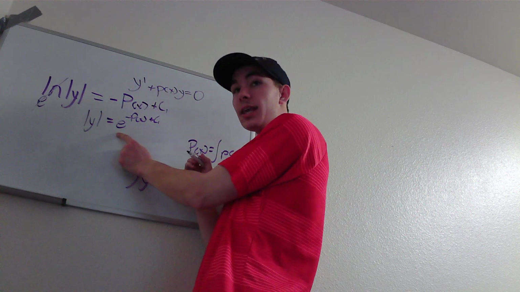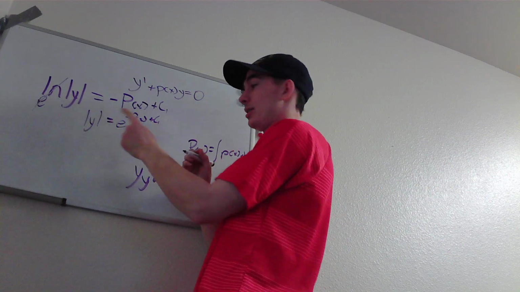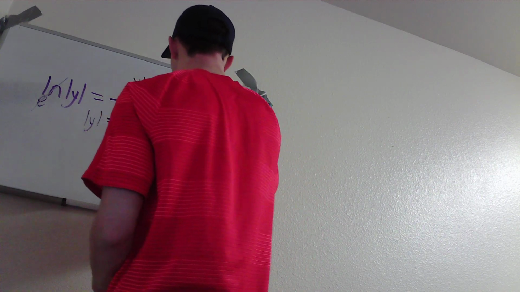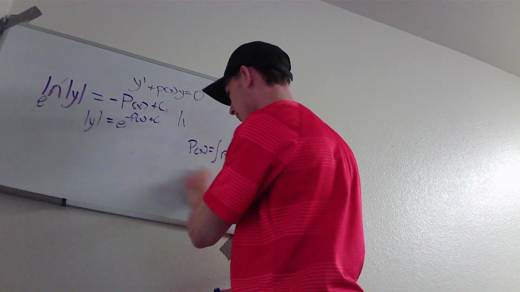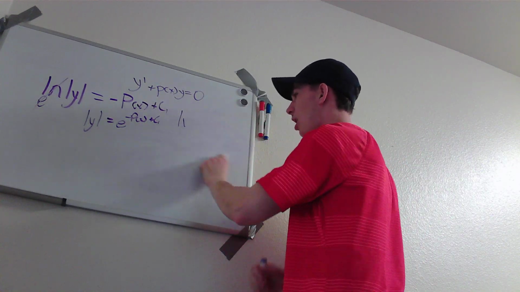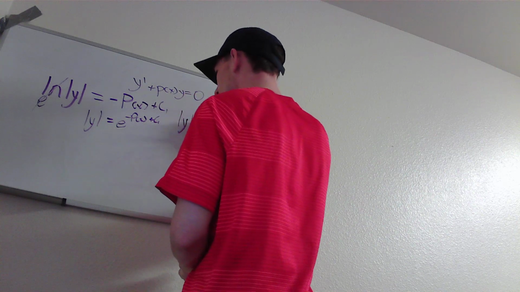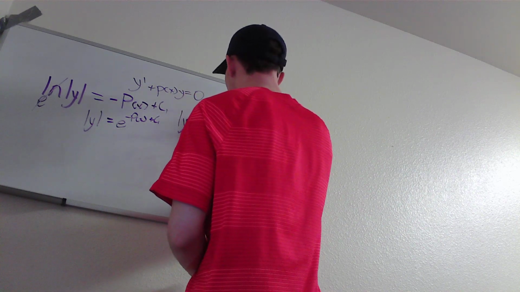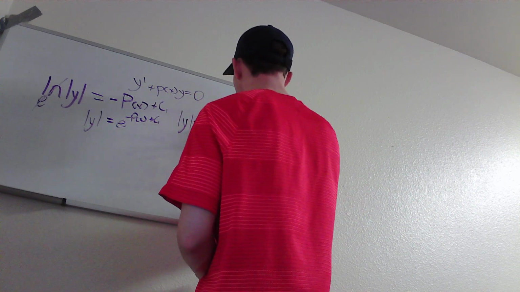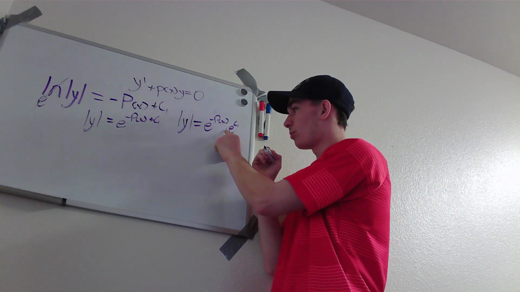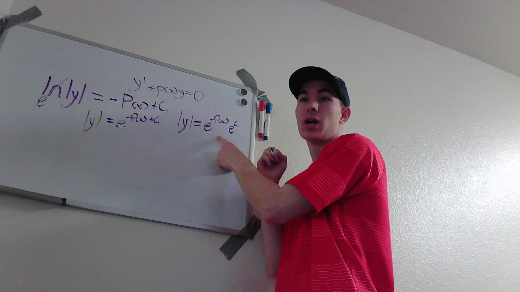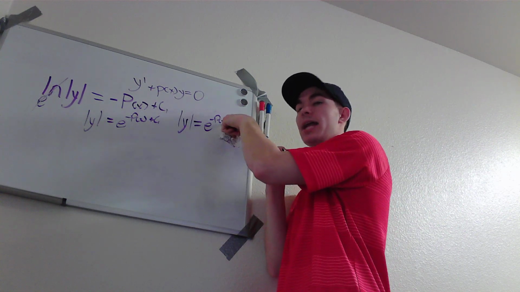So then this e can be separated out, so the absolute value of y is equal to e to the negative P of x times e to the c1, because when you multiply the same base, you add the powers.